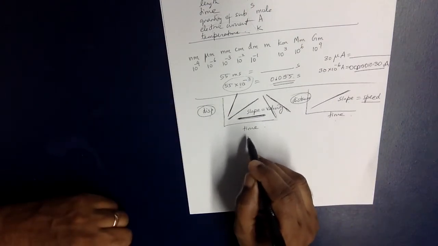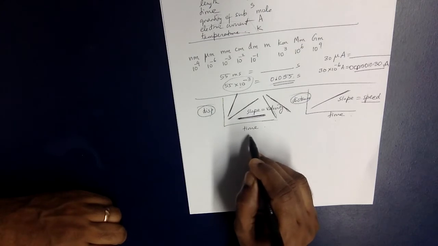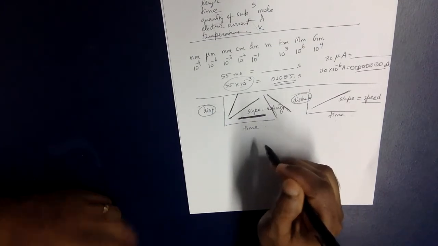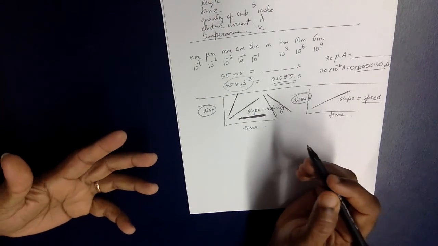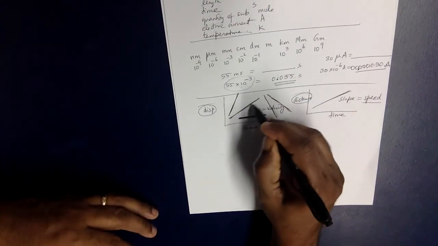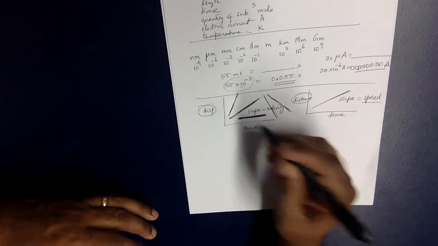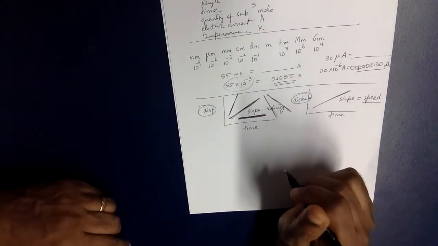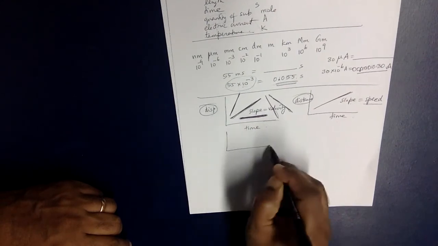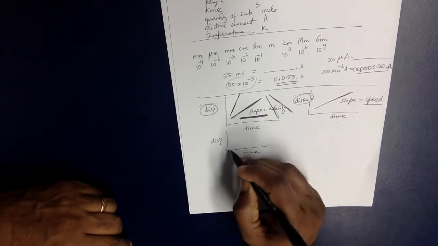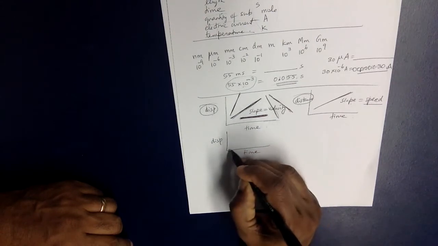So understand that the slope has great meaning. Okay. Now when the velocity is 0, what's the acceleration? 0. Now this is constant velocity. Constant velocity means what is the acceleration? 0. If you want to show acceleration on a displacement time graph, the graph should not go straight, it should go like that.